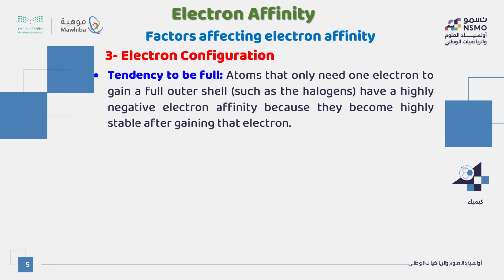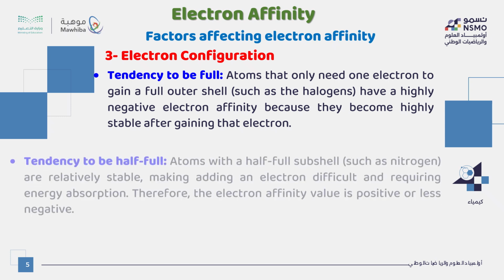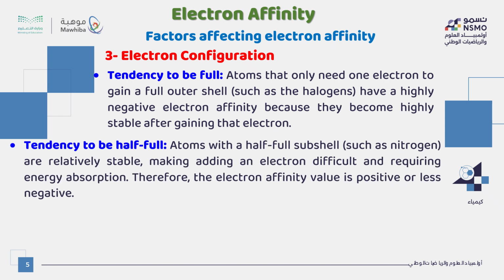Second one, tendency to be half full. Atoms with half-filled subshells, such as nitrogen, are relatively stable. Adding an electron disturbs this stability and often requires energy, so their electron affinity values are positive or less negative.